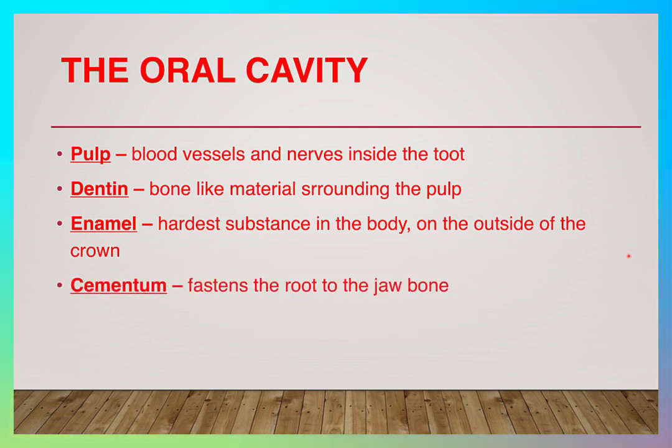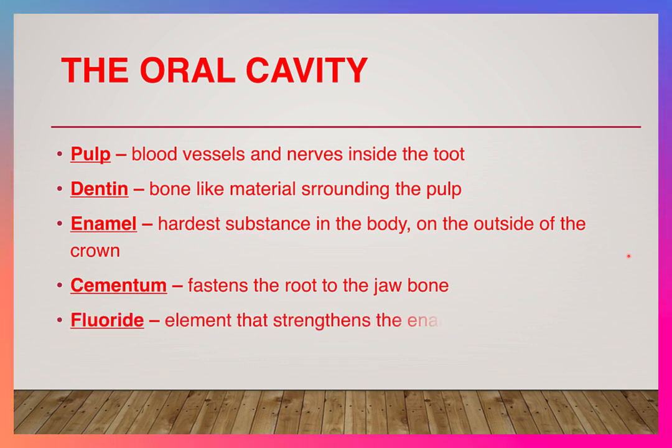The tooth is then fastened into the jaw by a material called cementum, and all throughout this whole process, the important element is fluoride, which strengthens the enamel, which gets into the little spaces between the enamel molecules and strengthens the enamel.